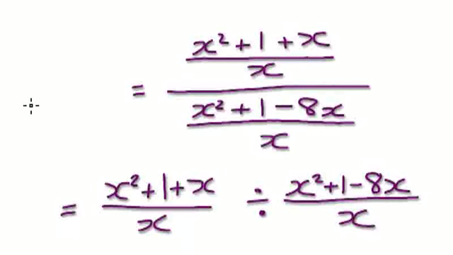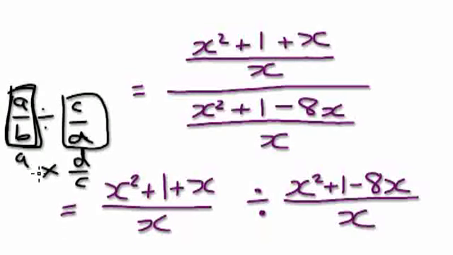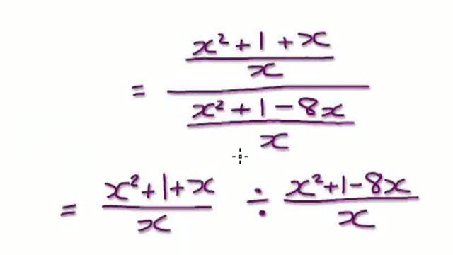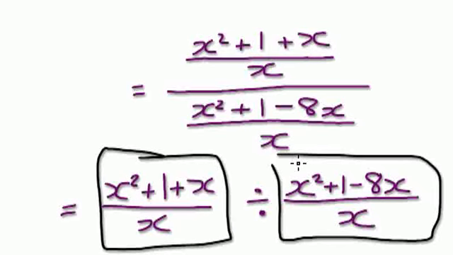Now whenever you have a over b divided by c over d, you keep this the same, and then you times the reciprocal of this. So that would be d over c. So you keep this the same, which is a over b. And basically now it's times. So it's top times top, bottom times bottom. So when it comes to this here, you've got a fraction divided by this fraction here.